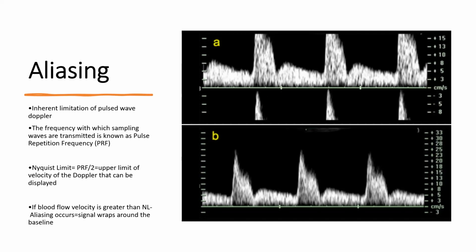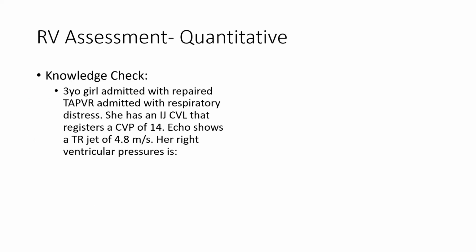If the blood flow that you're evaluating is moving faster than the Nyquist limit, then aliasing occurs. That means your signal wraps around the baseline and makes measurement difficult to impossible. So if we tried to evaluate a patient's tricuspid regurgitant jet, there's a decent chance that we would run into aliasing concerns and not be able to make important calculations and determinations.